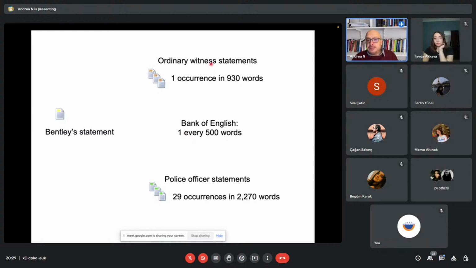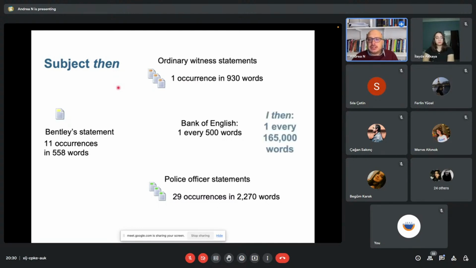But then if you compare ordinary witness statements against police officer statements, you see that then appears much more frequently in police officer statements. And most specifically, and this is what you see in the Bentley statement, what Malcolm Coulthard noticed is that there was a structure of subject and then, okay?